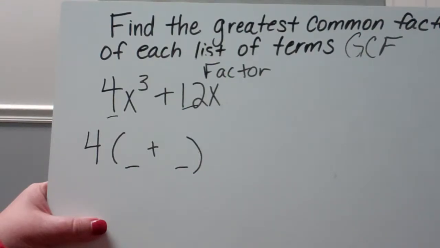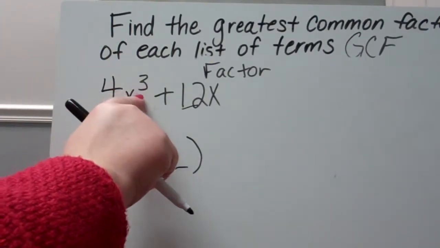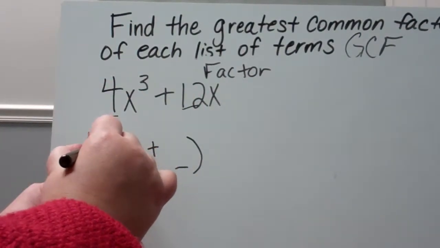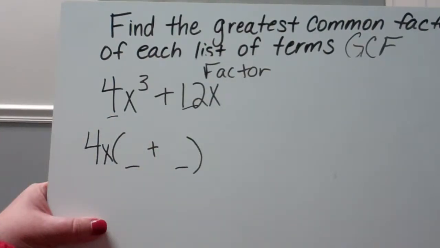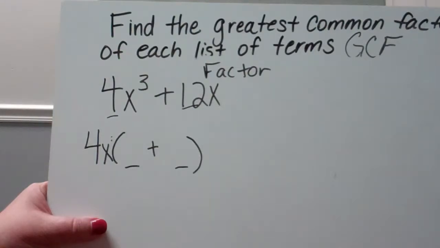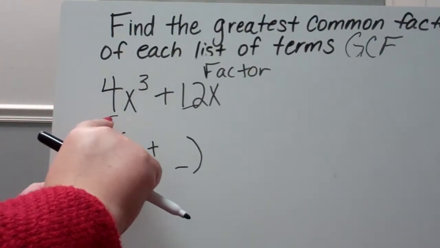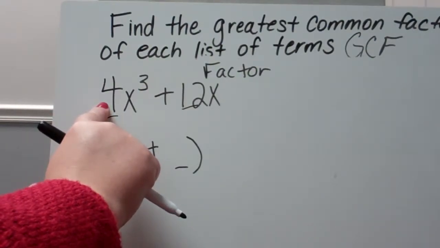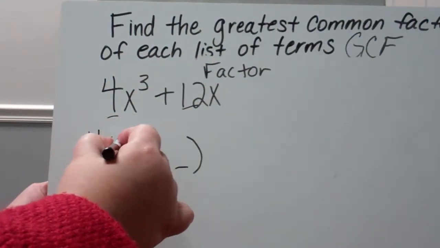Now let's look at our x's. This one's got 3. This one's only got 1. So the most we could take out of both would just be an x. X to the 1. Okay, remember that's there invisibly. So, if we divide a 4 out of 4, doesn't that just leave 1?